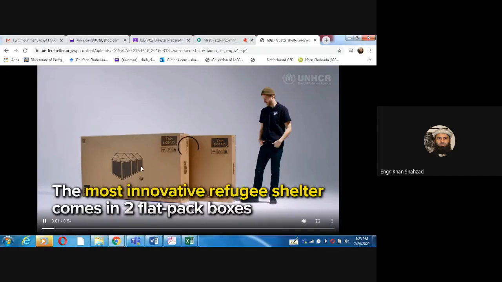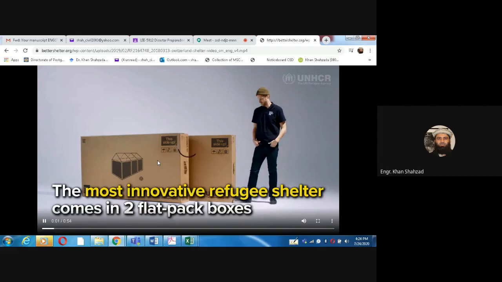So here in these two packed boxes, they have a complete shelter, and you will see how they are making this shelter within, you can say, hours or minutes.